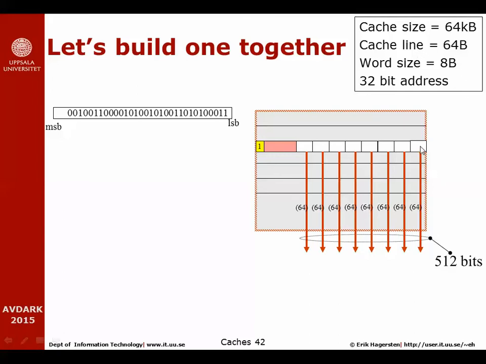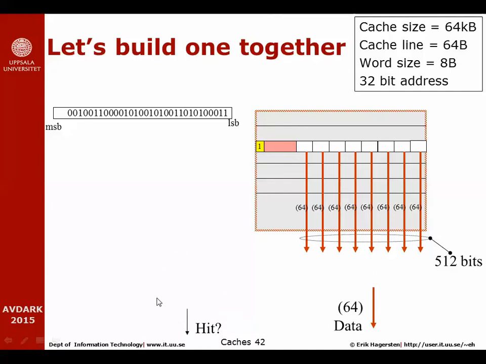That means we're going to have 8 words, each 8 bytes wide, so 64 bits is what you see down here. And our goal is to provide a word to the core, to the processor. So we're going to provide 64 bits to the processor, and we should provide a hit signal.